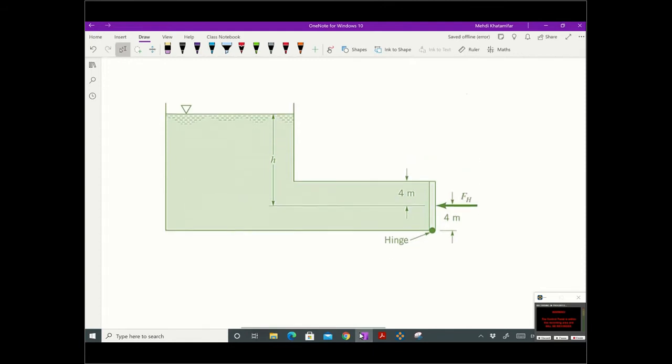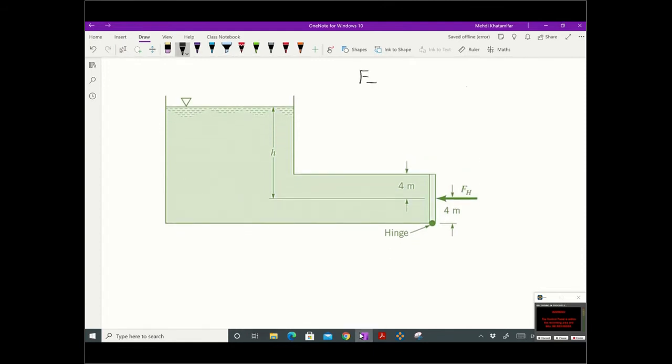The general formula for force is pressure times area. Pressure for hydrostatics is rho g h. For the resultant force, rho g h A, and that h should be hC.